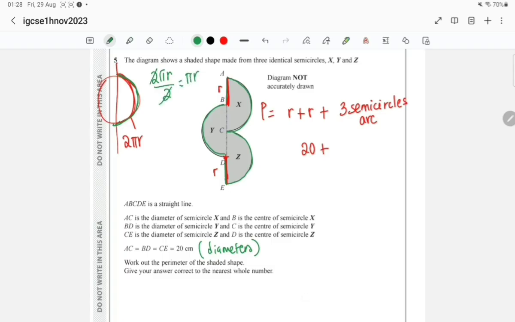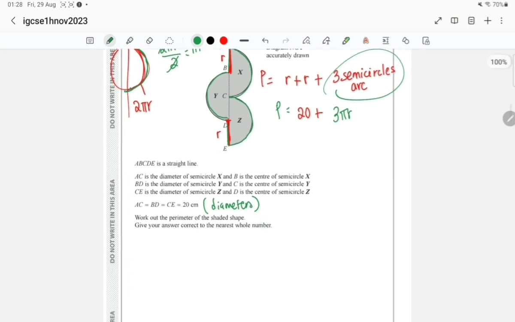Now this is for one semicircle. Now I have 3 semicircles, so it would be 3 pi r. So 3 semicircles arc would be 3 pi r. So this will be my perimeter. Perimeter would be 2r plus 3 pi r.